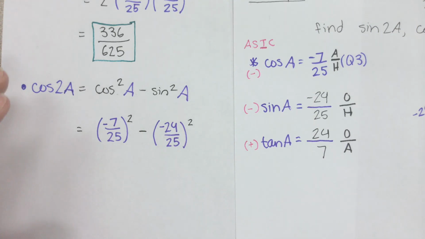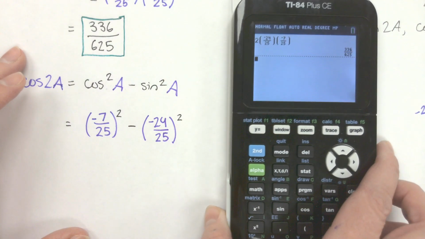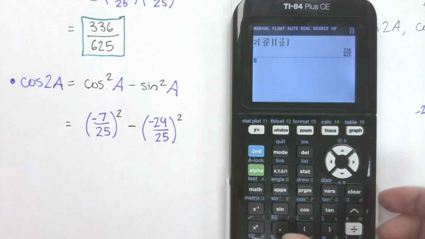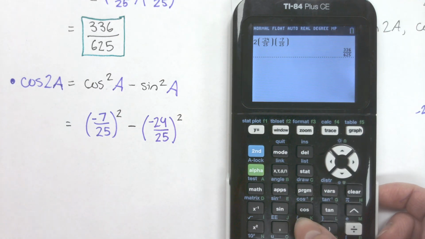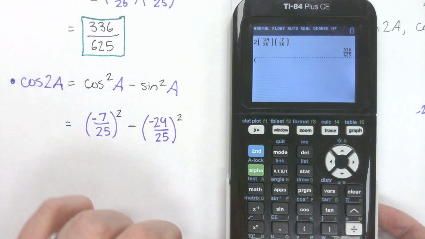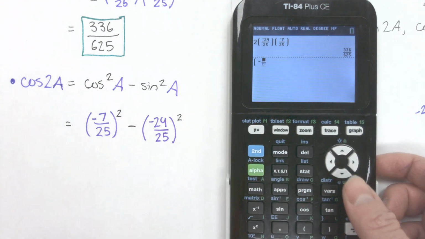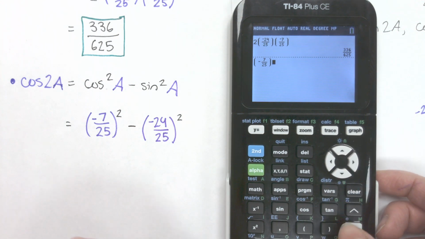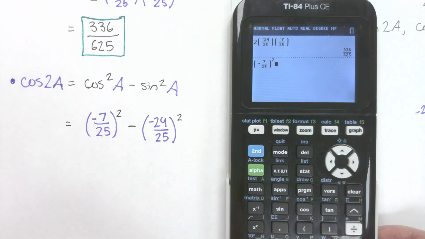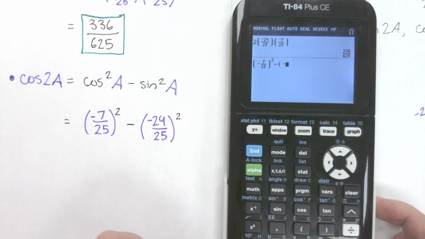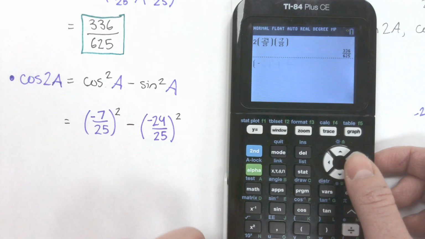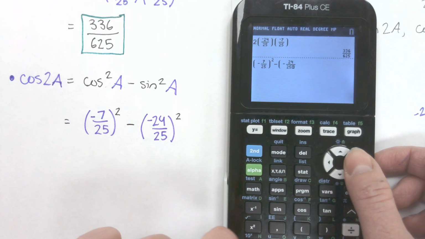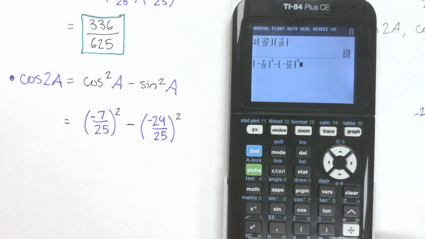And again, as long as the calculator will do the math for us and give a fraction, that's the important part. I want these as fractions, not decimals. So if you ever type this in and it gives you a decimal, then you're going to have to do more of this by hand, just giving you that heads up. Yep.